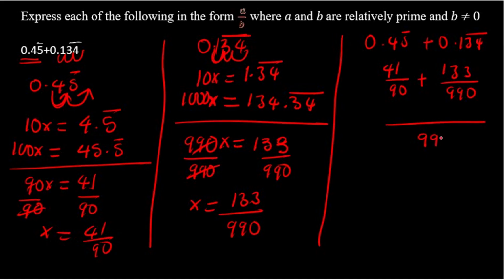So the common denominator is what? 990. So here, if I say 90 into here, I shall find the answer to be 11, because 990 divided by 90 is 11. 11 times 41 is supposed to be 451. Yes, right?